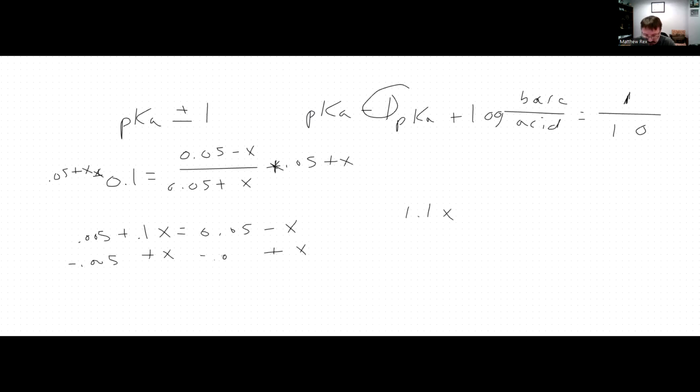So I get 0.045. So I get 1.1X equals 0.045. Divide by 1.1. And you get about 0.0409 for the moles of acid.